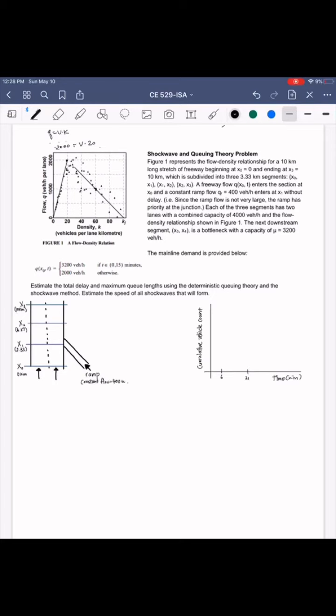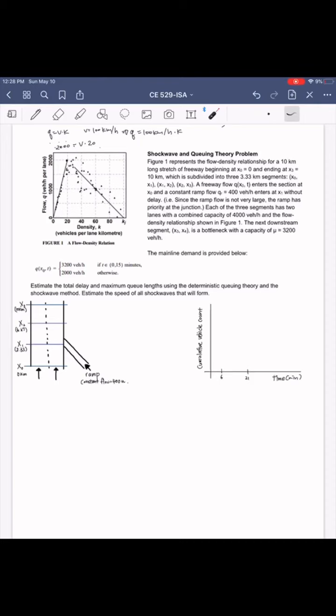And this will make V equal to 100 kilometers per hour. And the equation will be Q flow equals 100 kilometers per hour times K. So what it means is that it basically assumes that the drivers in the uncongested condition will drive at 100 kilometers per hour, the free flow travel rate.